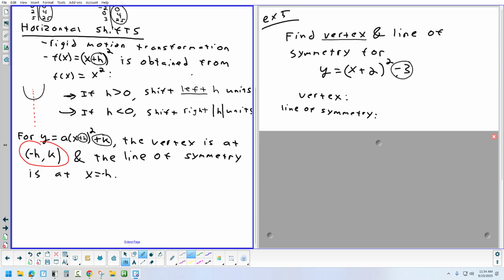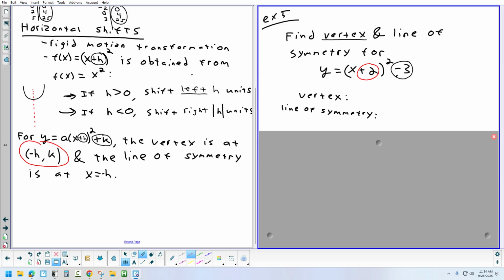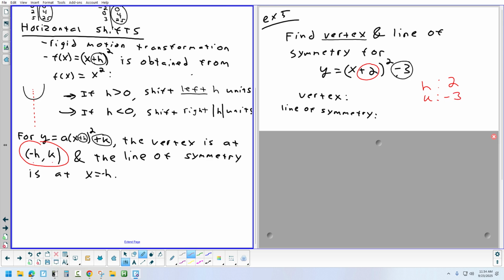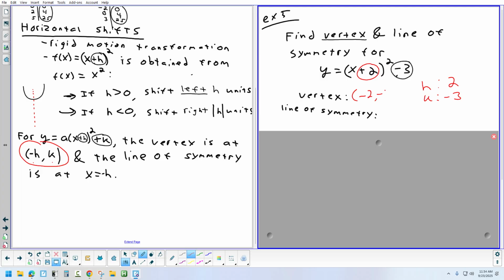It's a plus 2. And what about the k? What's k in this problem? Negative 3. So now just fill those two numbers in, here and here, and that's your vertex. So what is our vertex going to be? Negative 2, negative 3.